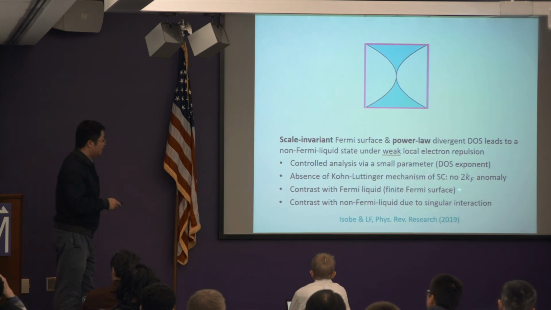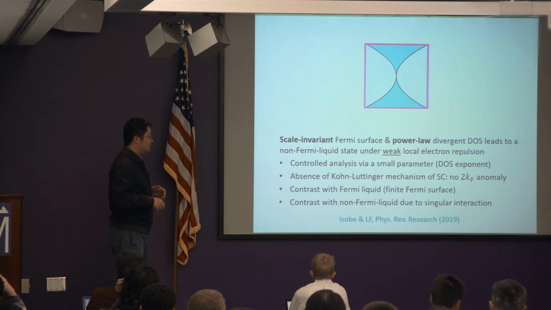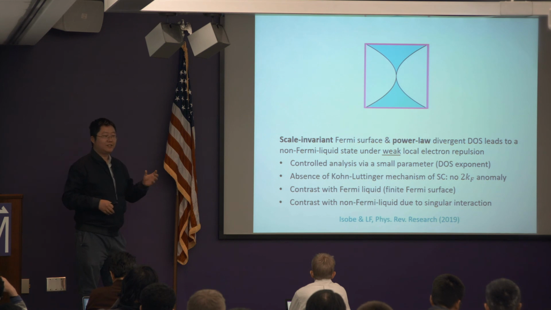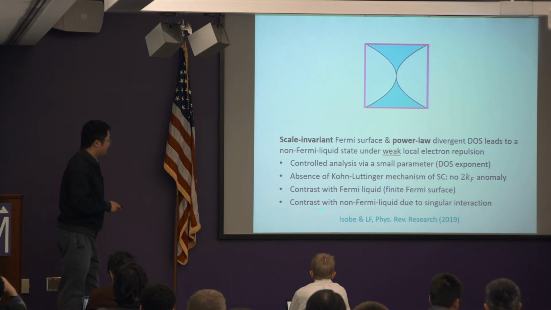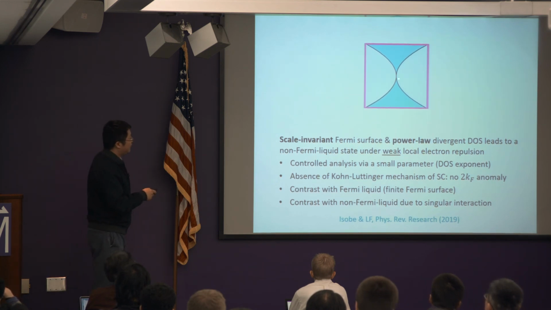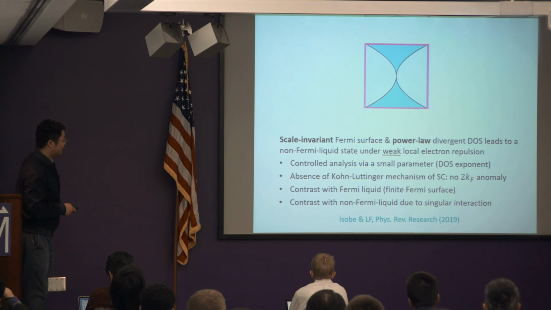Although there is a full Fermi surface, the relevance or irrelevance of a given operator is determined by the vicinity of a special point where the density of states diverges. And again, as Sri said, what we expect is that in the vicinity of k equals 0, the quasiparticle weight vanishes. But on other parts of the Fermi surface, there are well-defined quasiparticles.